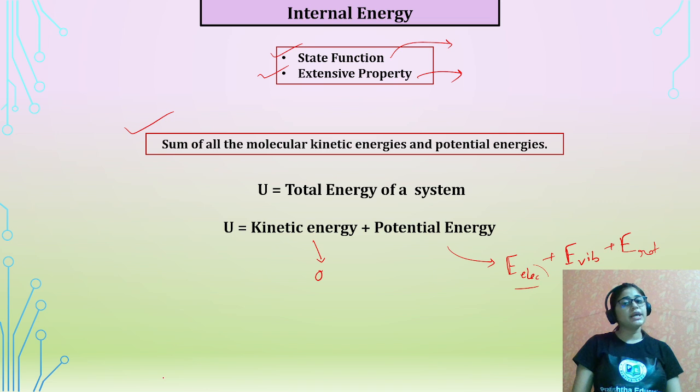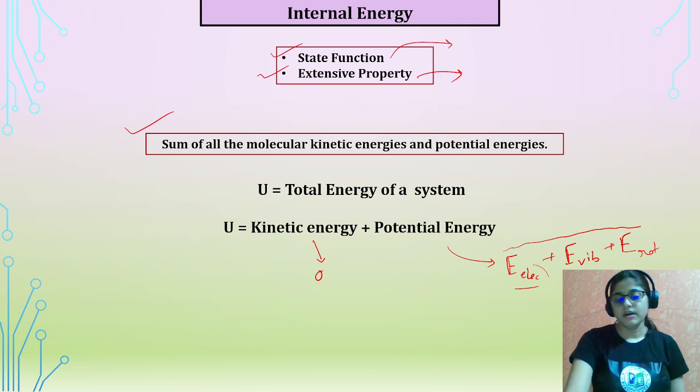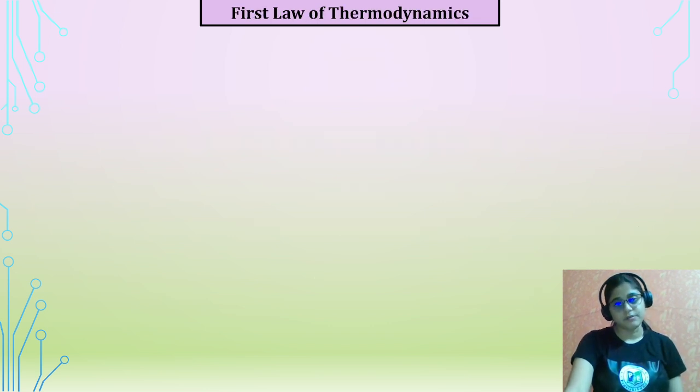So to know the internal energy, you have to have an idea about all the values of the system. But for a system, getting all the values of these kinds of energies will be difficult. For that reason, there comes the first law of thermodynamics.